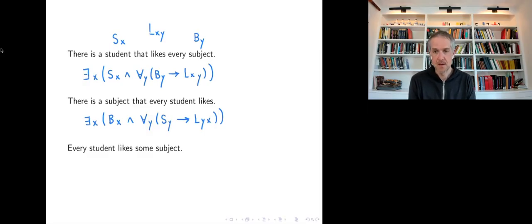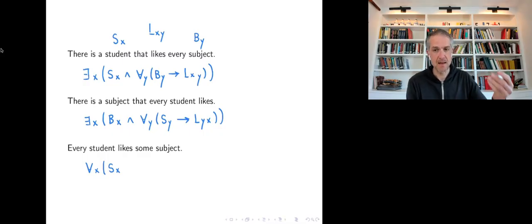Now, next one. Every student likes some subject. This says something a little bit different. It says every student, anything that's a student. Now, let's be a little bit careful. Every student likes some subject. It does not say that everything is a student.